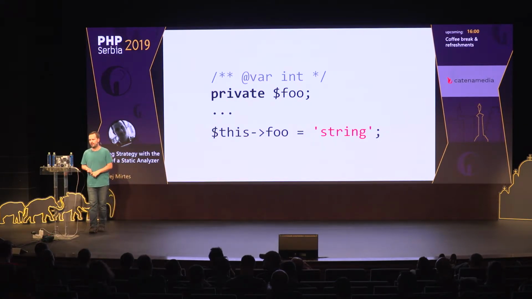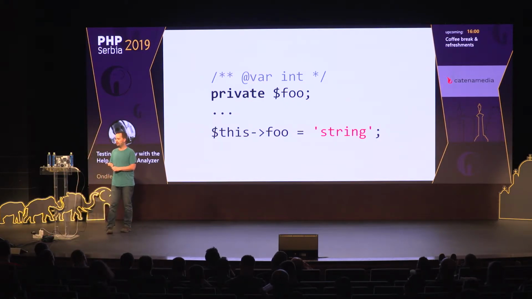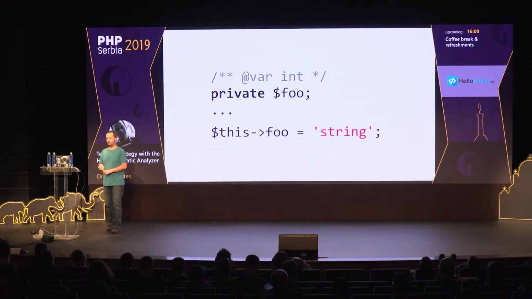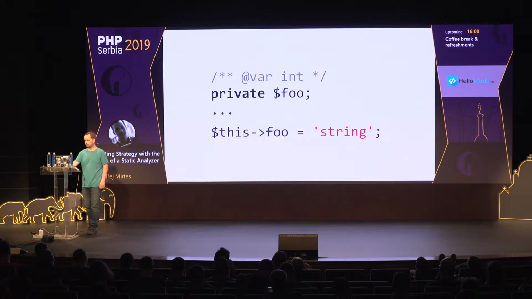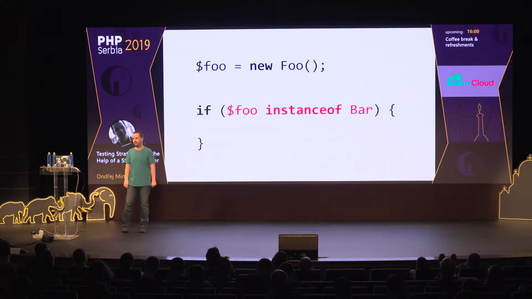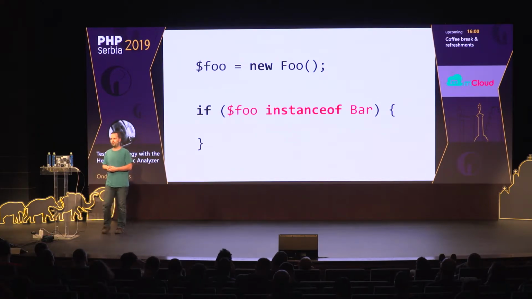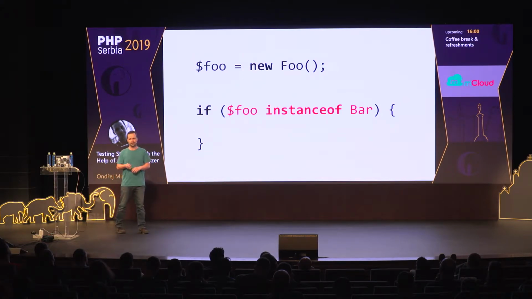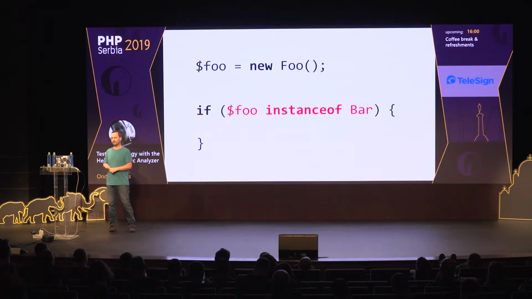Other examples are accessing private properties from outside the class, accessing array offsets on objects when they are not supported, or accessing undefined constants. Another problem that a static analyzer can find is an impossible comparison. For example, if you compare different types using three equal signs, or you compare incompatible classes using instanceof, a static analyzer can tell you that this condition is dead and you should probably fix it, or that you can just remove it.